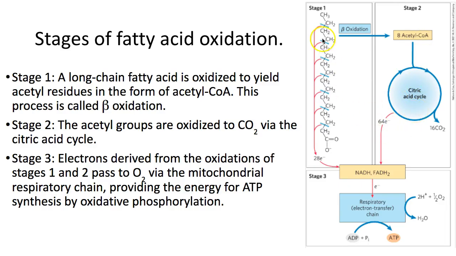The breakdown of the fatty acid itself generates electrons, and the citric acid cycle generates electrons that go to these cofactors, go to our respiratory system, and end up producing ATP and metabolic water. The product of the citric acid cycle once again is carbon dioxide. So the major products of this oxidation are carbon dioxide, ATP, and water.